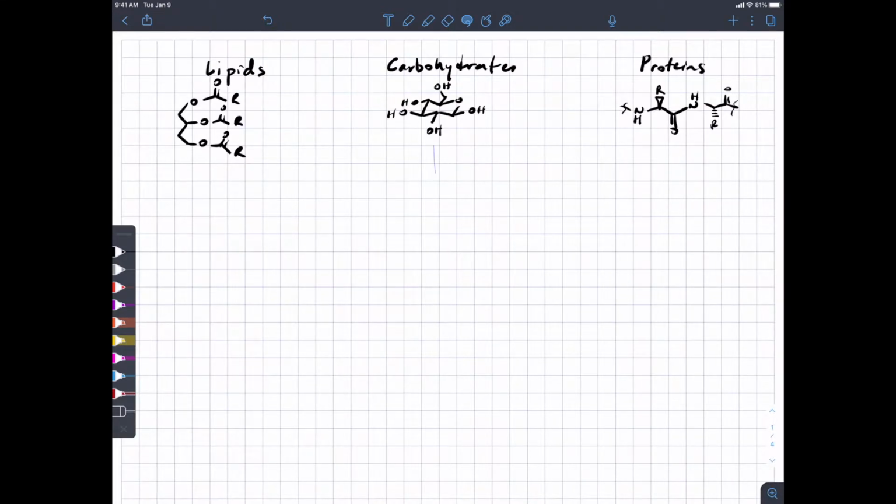For example, we're going to see that carbohydrates go through a process called glycolysis, and that generates ultimately two molecules of a group called acetyl-CoA, which is a thioester.